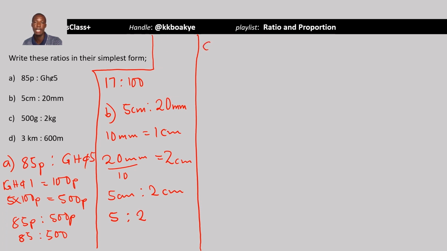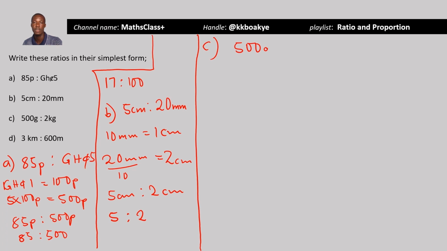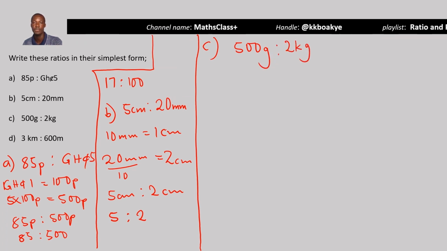The third example, we have 500 grams is to 2 kilograms. And please remember, when you see the K, it means 1,000. So kg means 1,000 grams. So the target is actually gram, and kg is 1,000 grams.